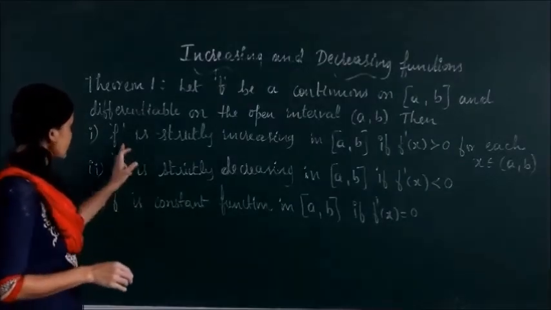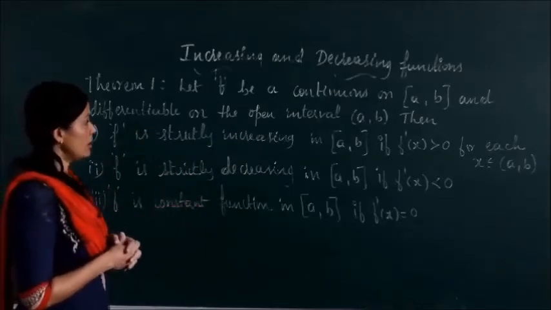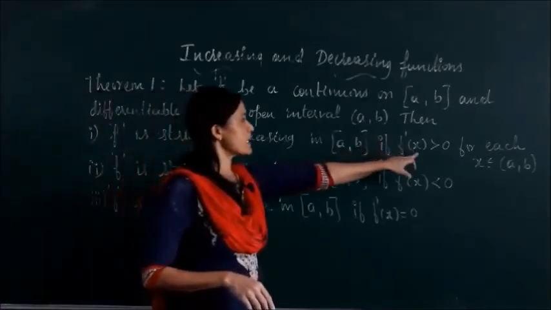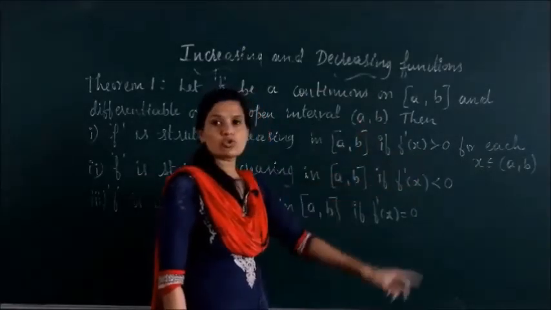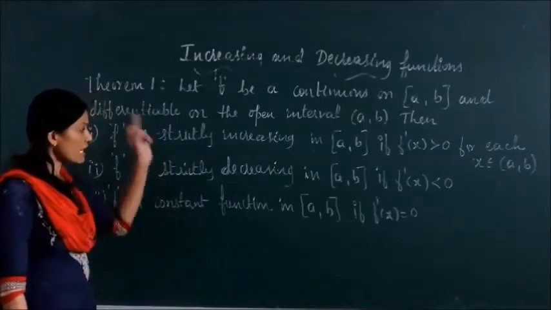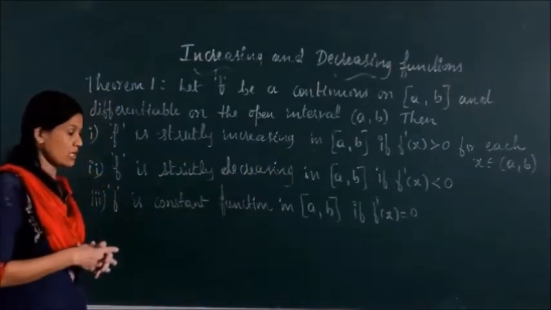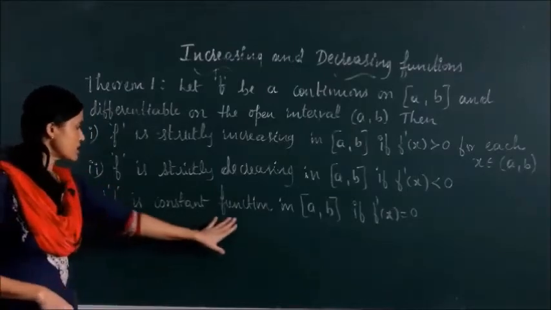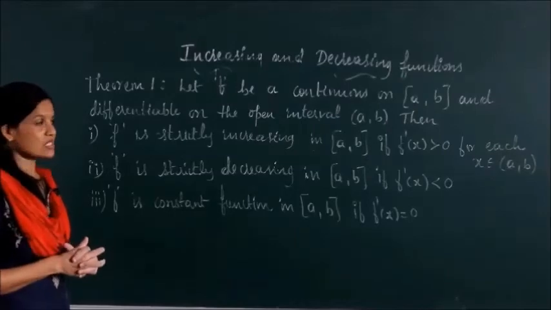Then the function is strictly increasing in that given interval if f dash of x is greater than 0 for each x belongs to that interval a comma b. f is strictly decreasing in the given interval if f dash of x is less than 0, and f is a constant function if f dash of x is equal to 0.